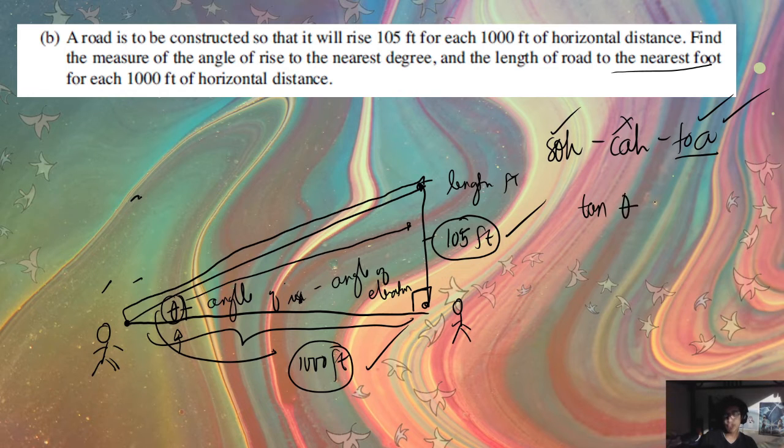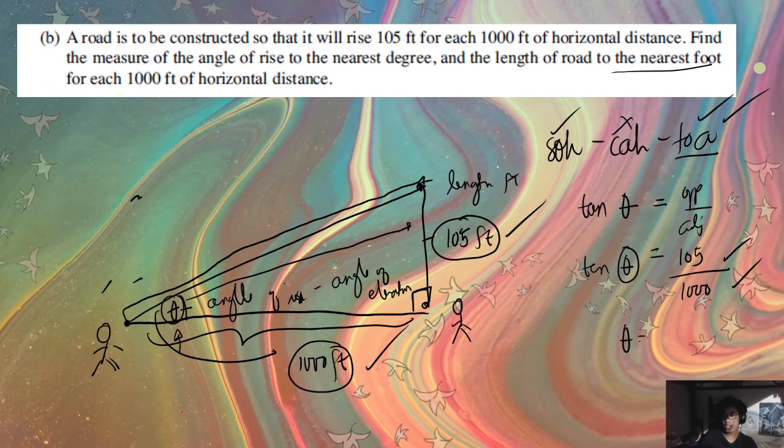So that's tan theta, and that's going to be equal to the opposite side over the adjacent side. Therefore, the opposite side, which is 105 feet, over the adjacent side, which is 1,000 feet, equals tangent theta. For this problem, we're going to solve first for theta, since we're given the two side measurements.